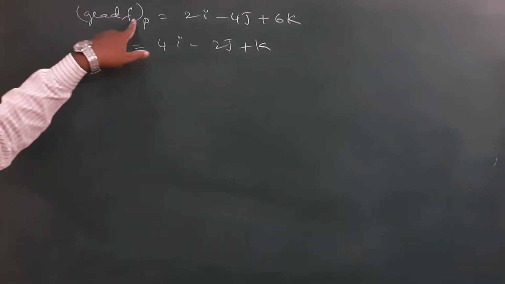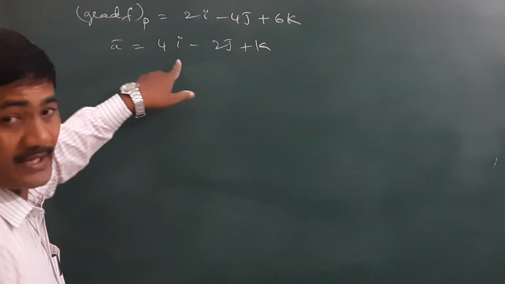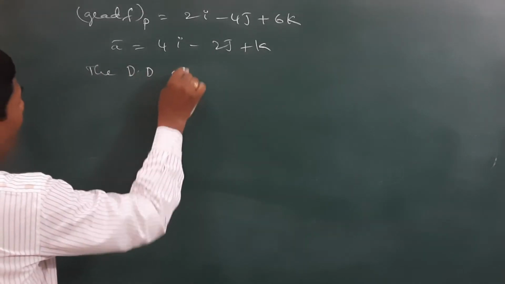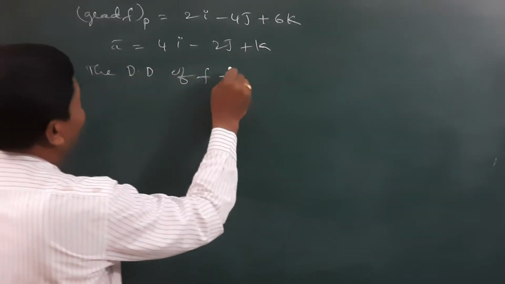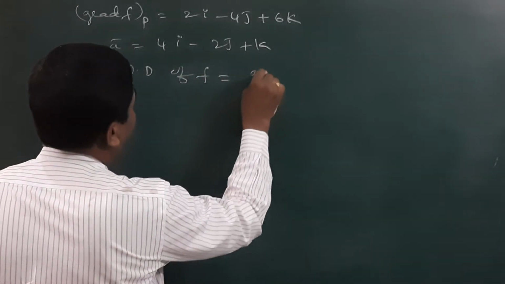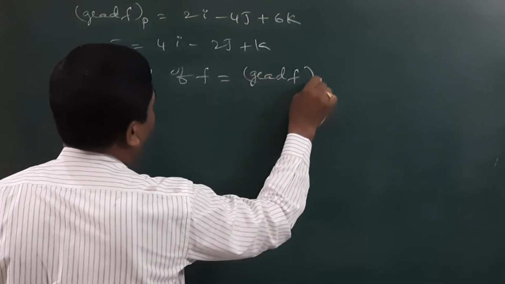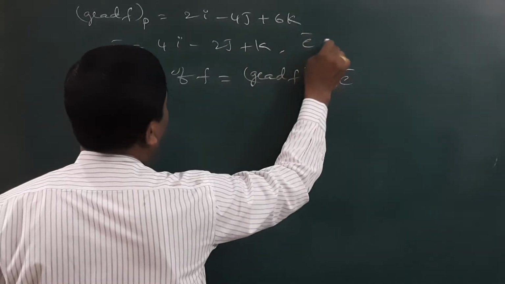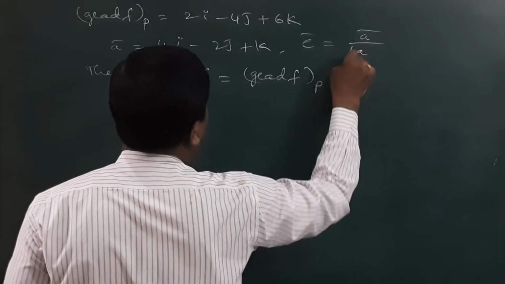This gradient we can already find, and A bar is there. Therefore, the directional derivative of f is equal to the gradient of f at the point P dot e bar. Here e bar is equal to a bar by modulus of a.